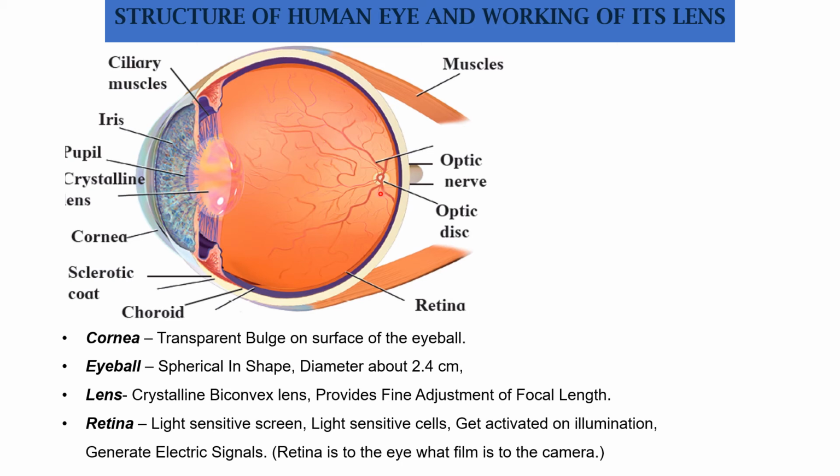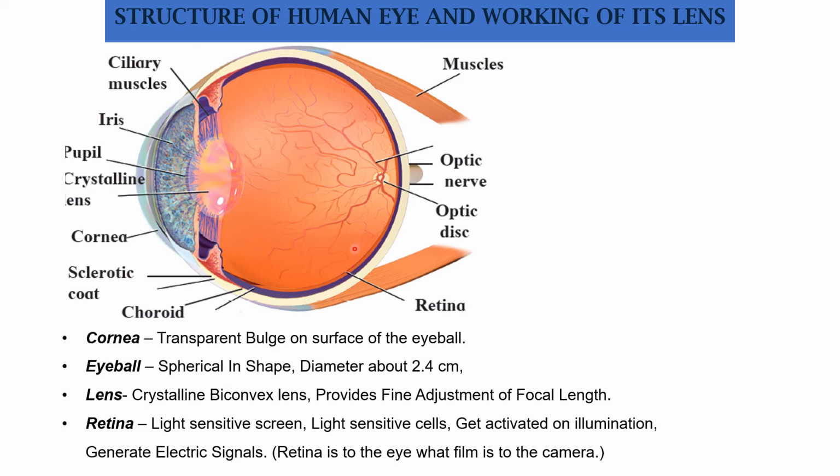So once the image is formed on the retina, it is converted into an electric signal, and whatever image is formed at the optic disc or blind spot is not seen because there are no photoreceptors or light sensitive cells in this area, and hence no image is formed over here. Finally, the optic nerve carries it to the brain and we perceive the objects as they are.